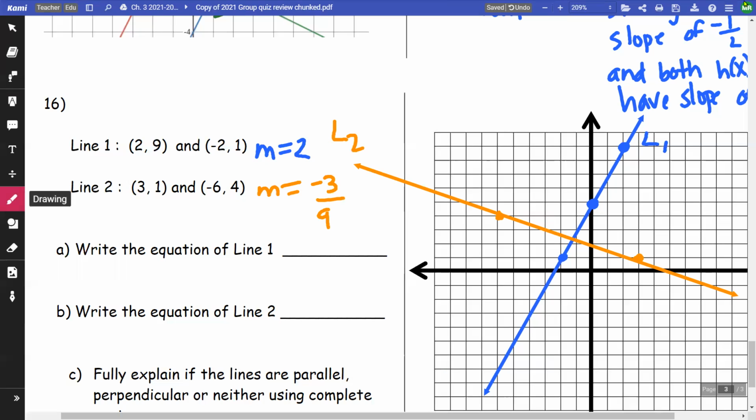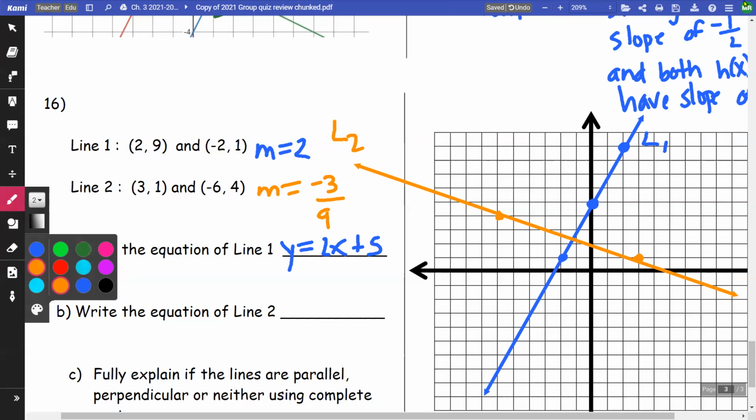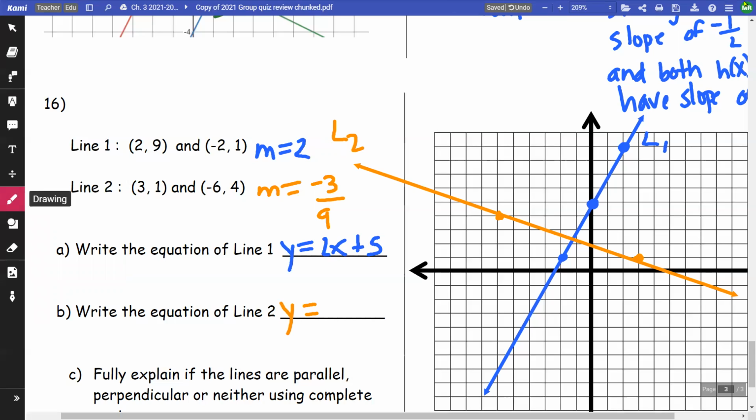And then my equation for the first one is going to be y equals 2x, and that crosses at 1, 2, 3, 4, 5, plus 5. And my second equation is going to be y equals, and that one I'm going down 1 over 3, down 1 over 3, and my y-intercept is 2.